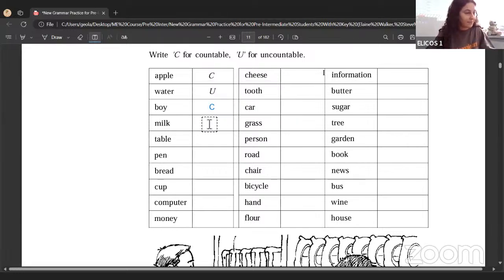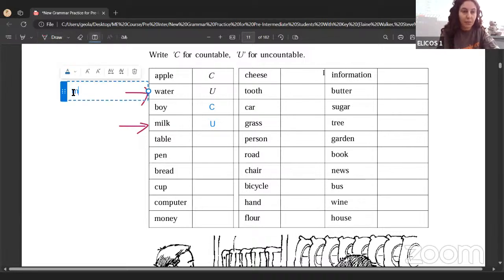Milk, uncountable. So we put U for uncountable. Because I have to say I want 1 liter of milk, or I want 5 liters of milk, or 6 liters of milk. So I need a measurement. So remember, these uncountable ones, you need a measurement before them.